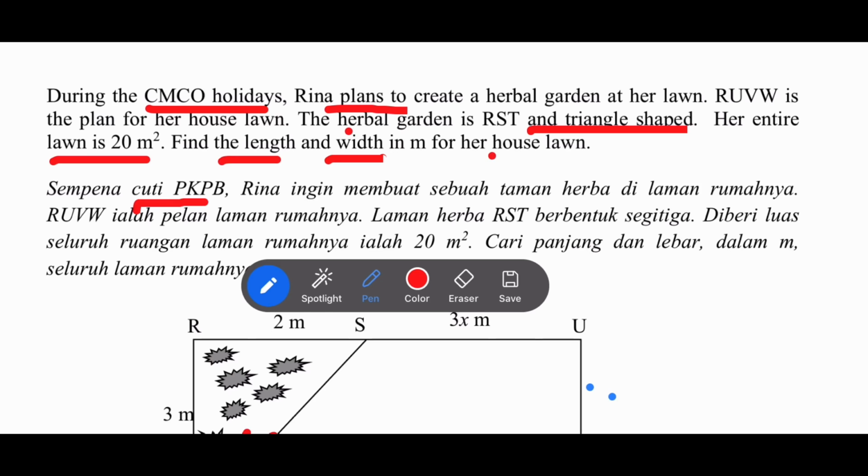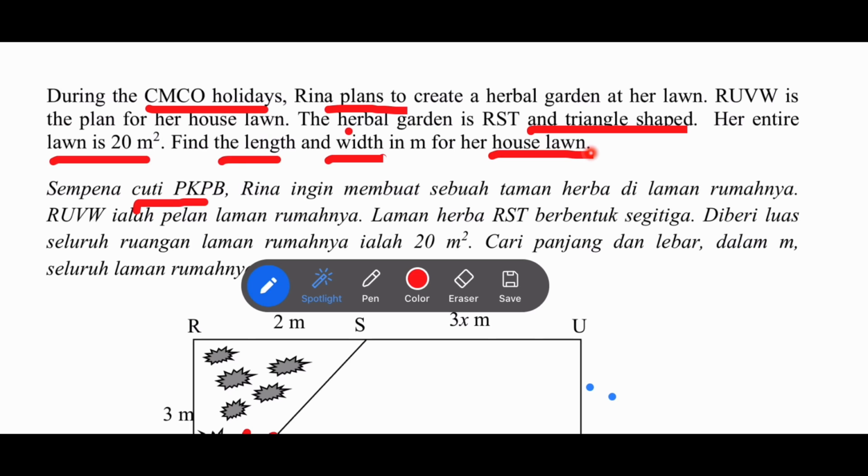Find the length and width of her house lawn. Let's have a look at the HOTS question. This is HOTS because it comes with a story, about the CMCO and Rina's herbal garden. Let's see how to solve this.